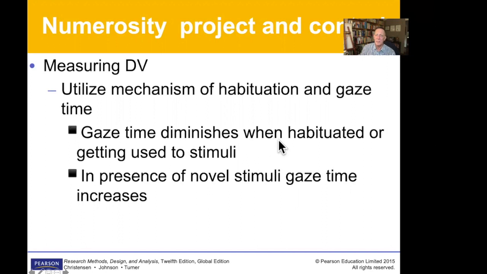Gaze time diminishes when habituated, or getting used to stimuli. In the presence of novel stimuli, the gaze time increases rapidly and significantly. They use this particular fact to assess babies in this numerosity project.